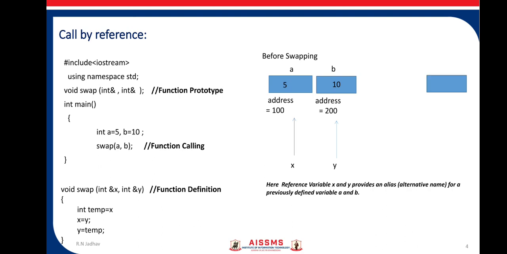Whatever operations we do on x and y will be done on the same memory locations accessed by a and b. That means after swapping, the values at addresses 100 and 200 will get swapped. So here we can swap the actual arguments.